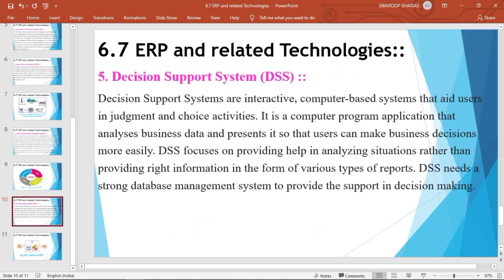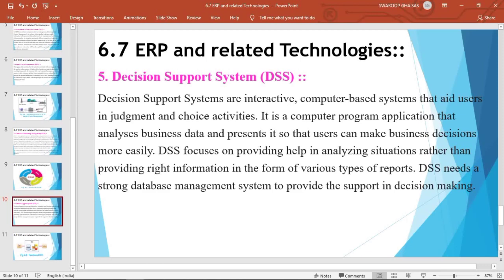Next one is the decision support system. Decision support systems are interactive computer-based systems that aid the users in judgment and choice activities. See, DSS, decision support system, is interactive. It is a computer-based system and involves the user in judgment and choice activities.